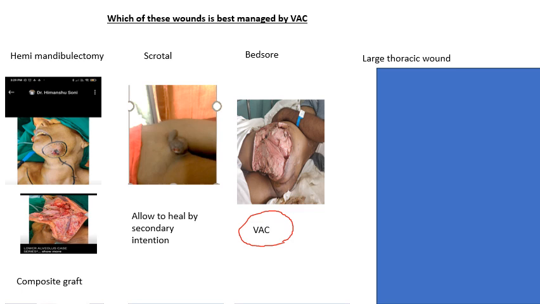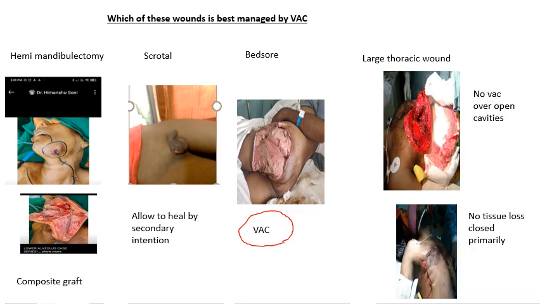Let's look at a large thoracic wound. See, huge wound. You may be thinking, maybe this will need a very sophisticated wound device. No. One, even if there is tissue loss, this patient, you cannot apply a VAC because it is over a cavity.